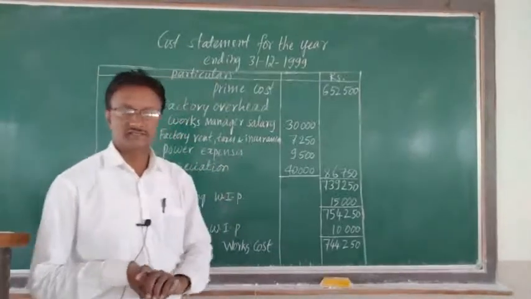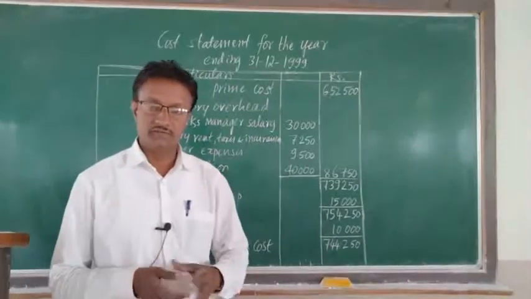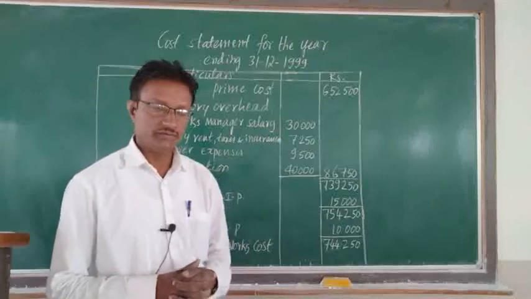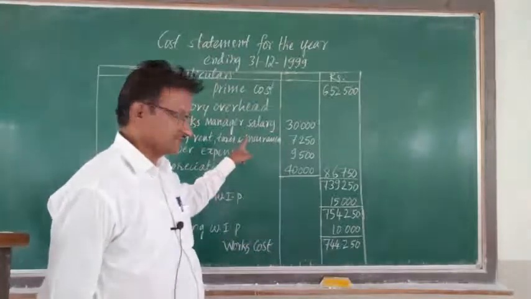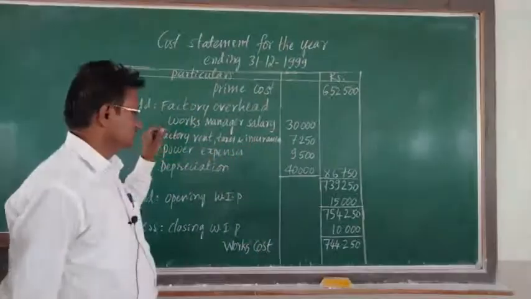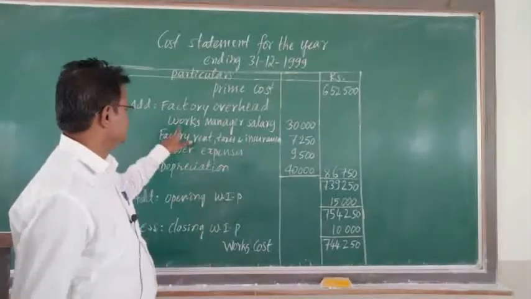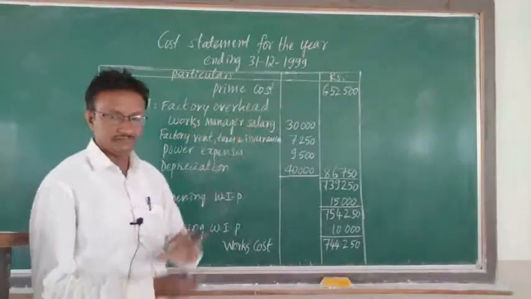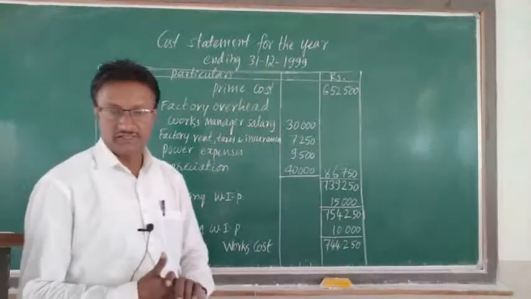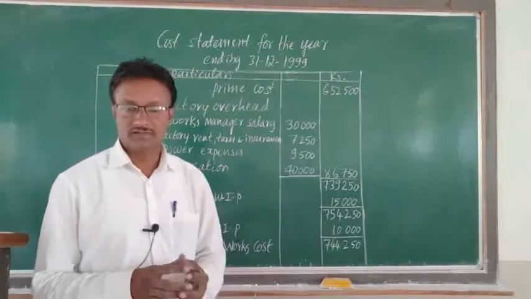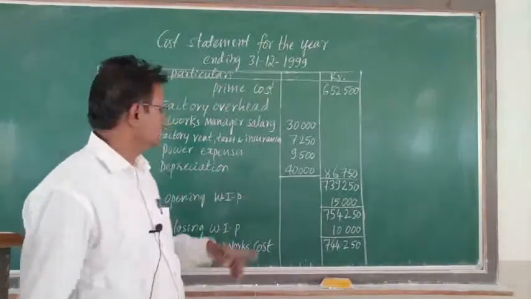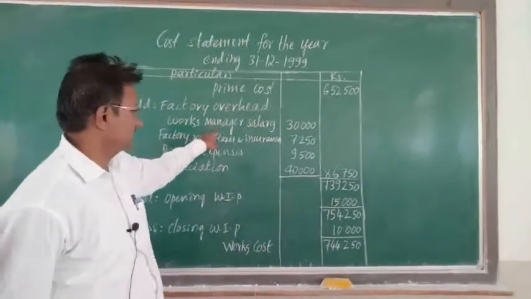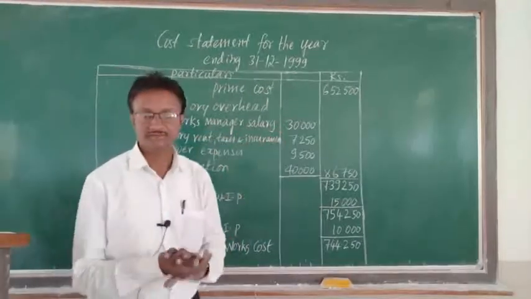All expenses related to factory have to be grouped under this head. So the first item is works manager salary. Please observe the problem. The items which are related to factory, the first item is works manager salary 30,000.